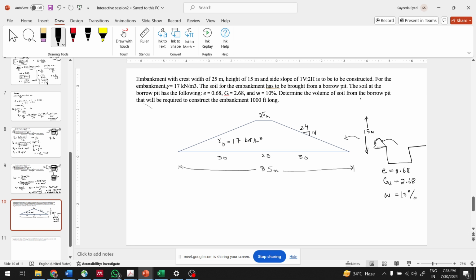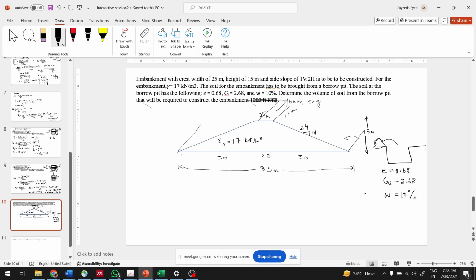Determine the volume of the soil from the borrow pit that will be required to construct an embankment of, let's say, 1 kilometer long, 10 kilometers long, which means 10 kilometers in this direction. In this direction. Okay.